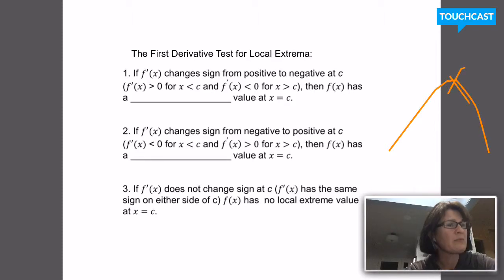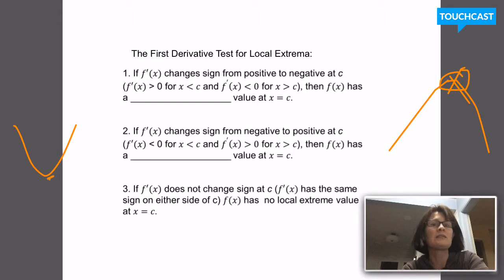What does that give me on my graph of f? It gives me a relative maximum or a local maximum. So if f prime changes sign from positive to negative at some critical point c, then f of x has a relative maximum at x equals c. Similarly, if f prime of x changes from negative to positive, that means f changes from decreasing to increasing, and I get a local minimum.